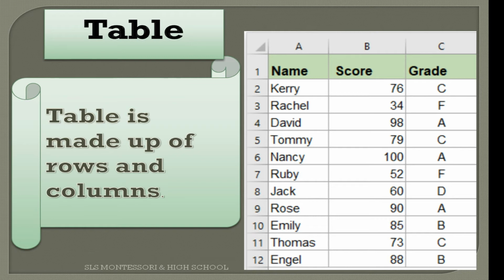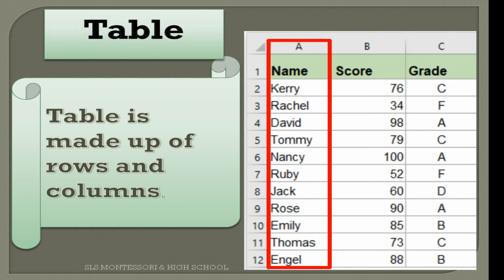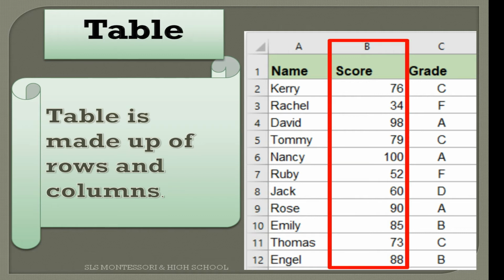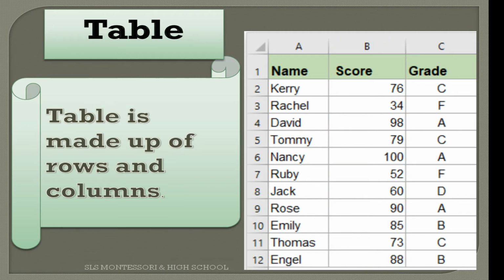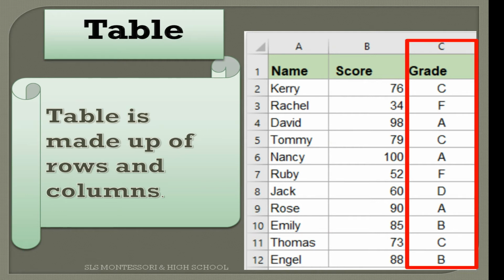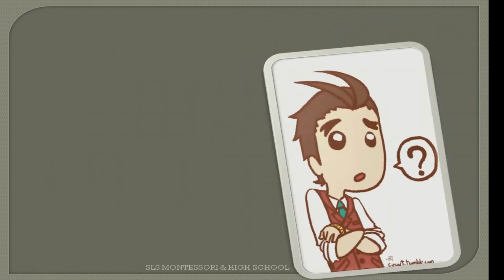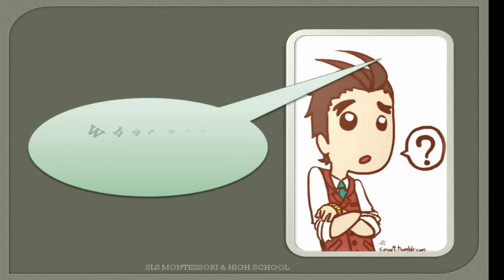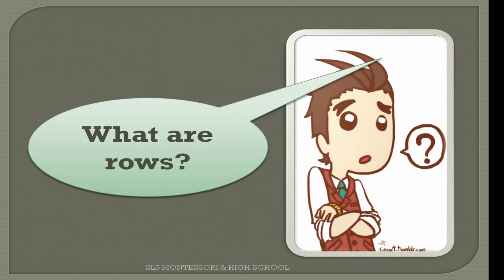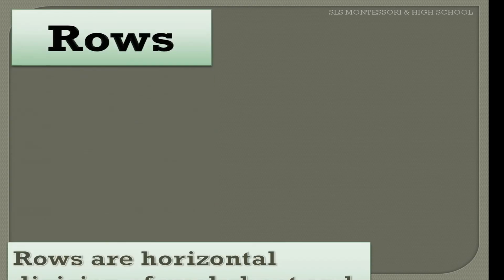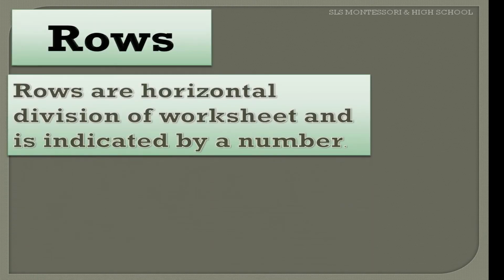Coming up next to the columns. Column A contains the name of students. Column B contains the score. And column C contains the grades of students. Now, what are rows? Rows are the horizontal division of worksheet and is indicated by a number.